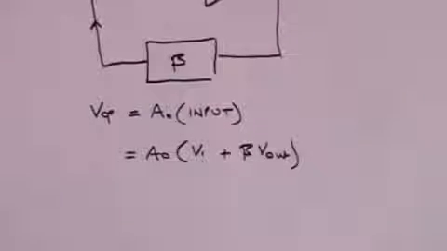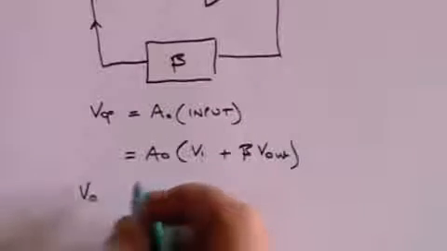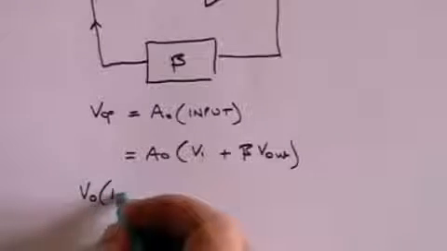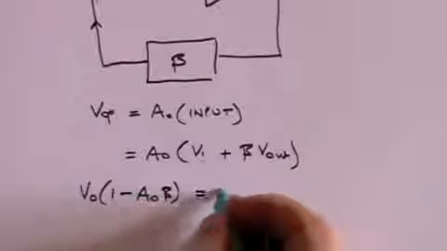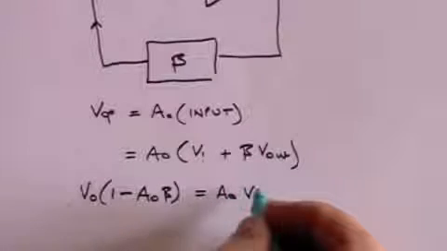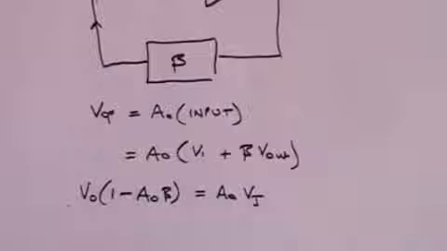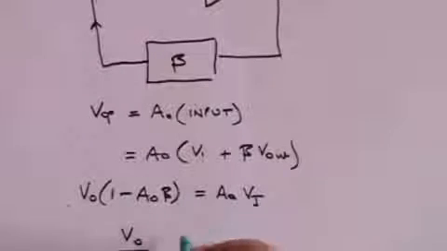And that's multiplied by A0, the gain, to give you an output voltage. And if you rearrange, you'll get that V out times 1 minus A0 beta is equal to A0 times V in. And that can be written as V out divided by V in equals A0, the gain, divided by 1 minus A0 beta.